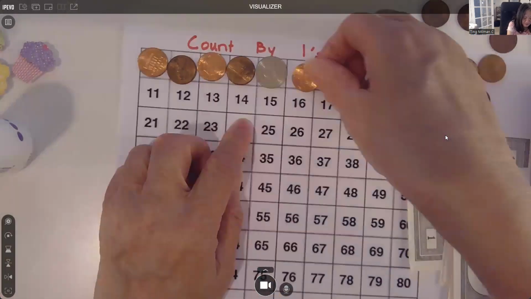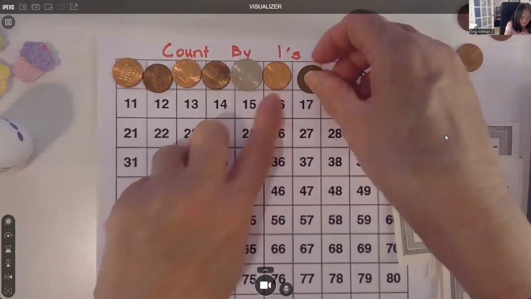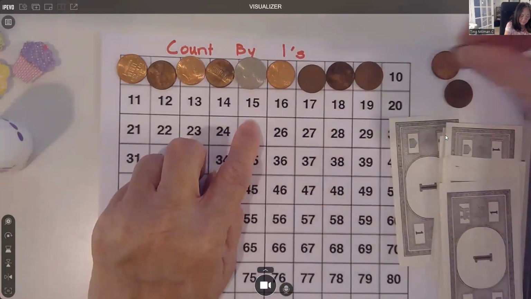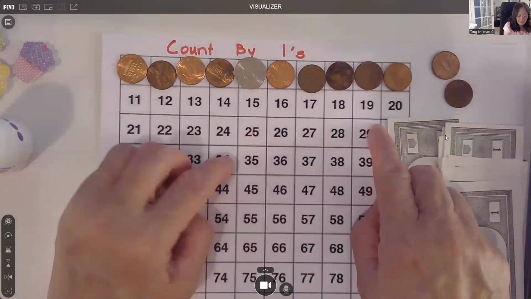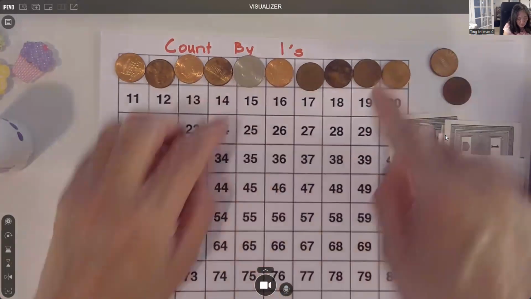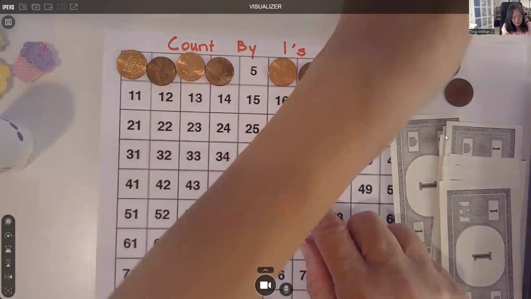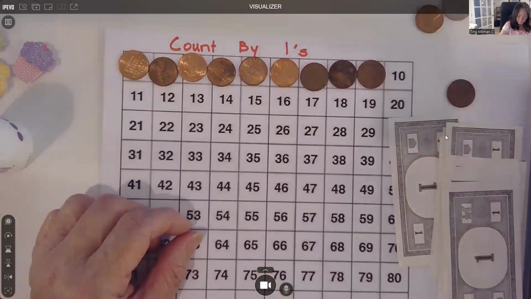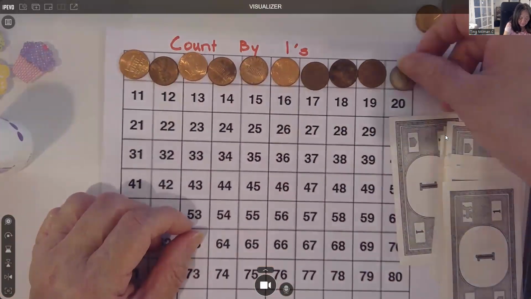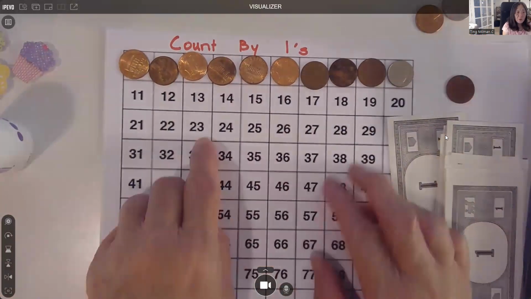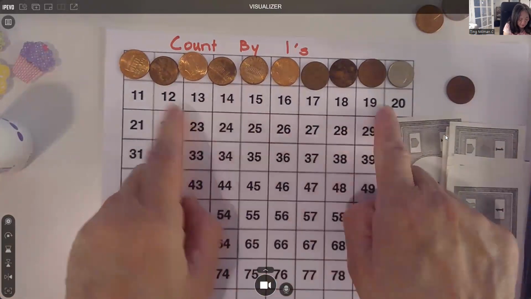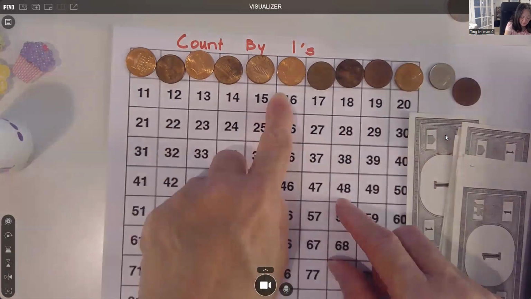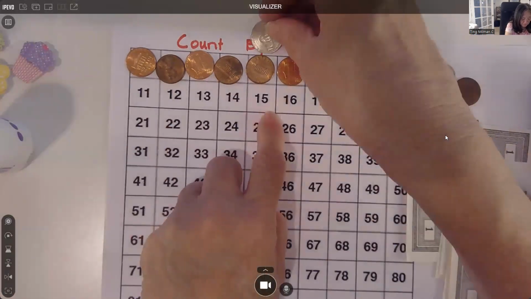After 5 is 6, 7, 8, 9, 10. And then for the 10, instead of giving you 10 pennies, I'm going to give you a dime. So we have 10 pennies for a dime, and then 5 pennies for a nickel.